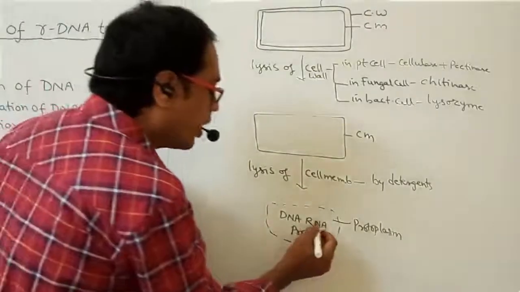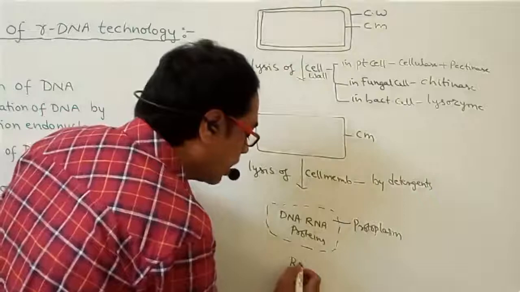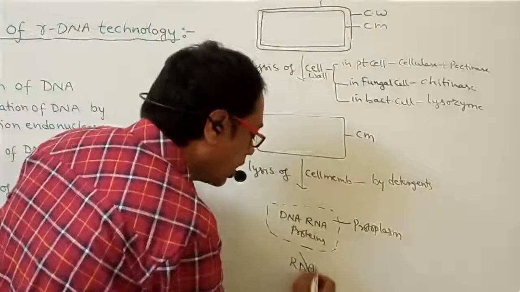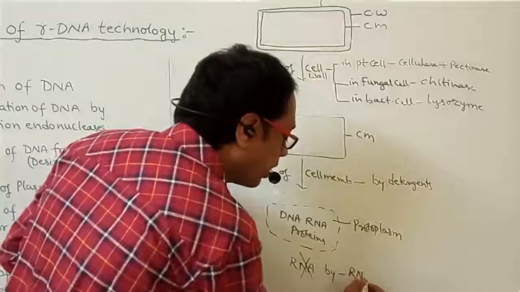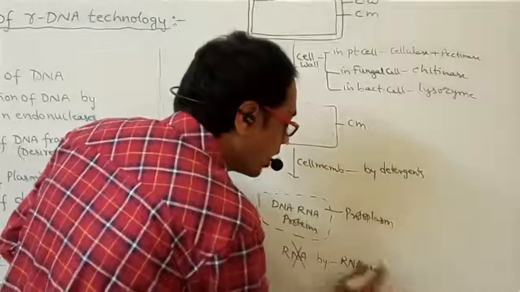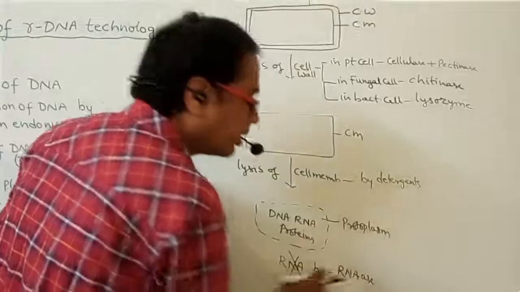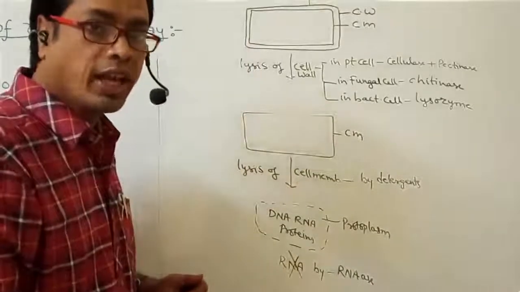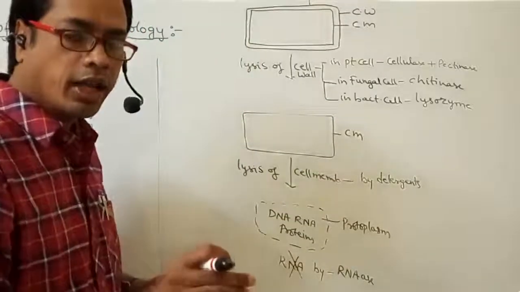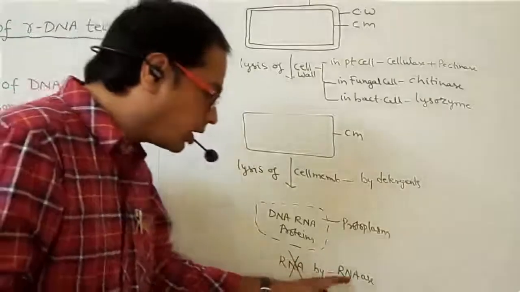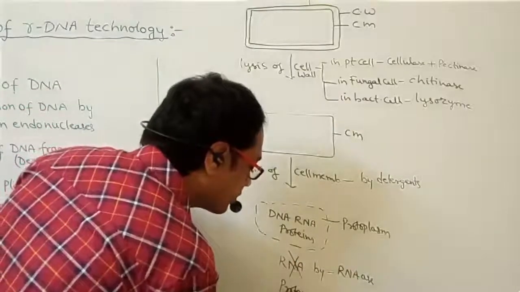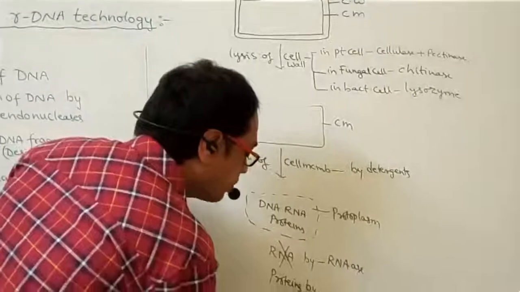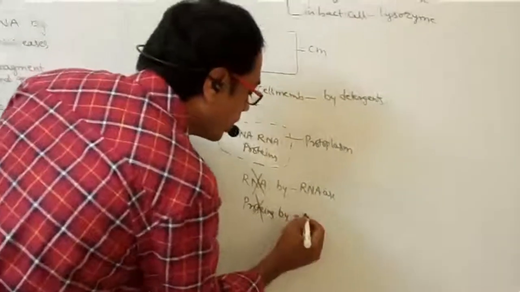So we have to remove the RNA. RNA can be removed by RNase, ribonuclease, and proteins are removed by protease.